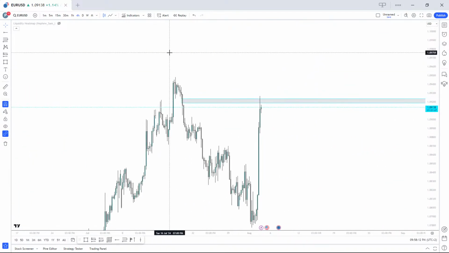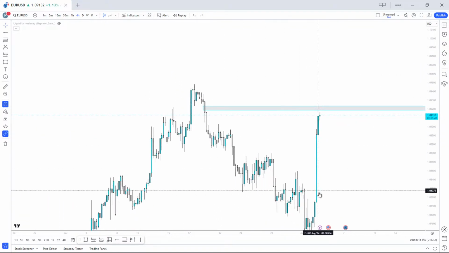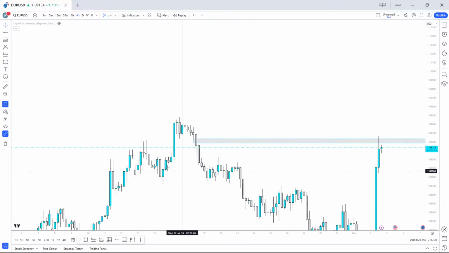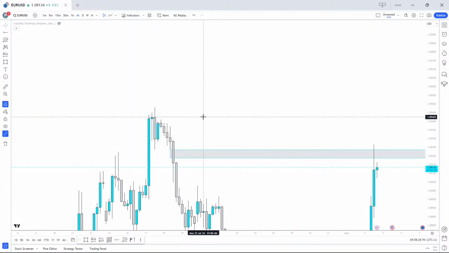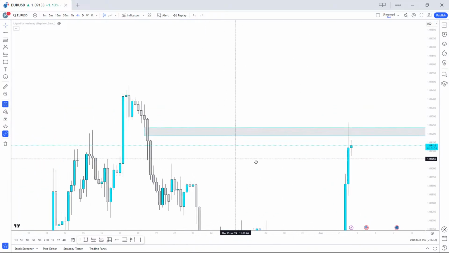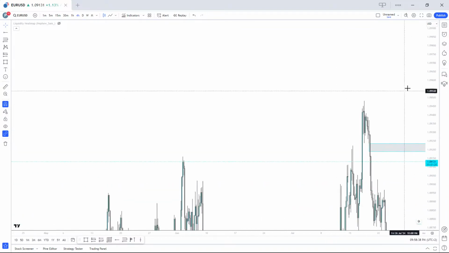So grab the liquidity off of those. It was NFP today, this is probably why. But I think the price will definitely have to sweep the liquidity right here.